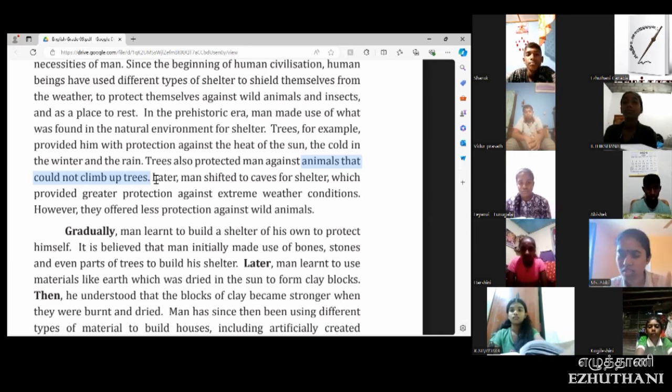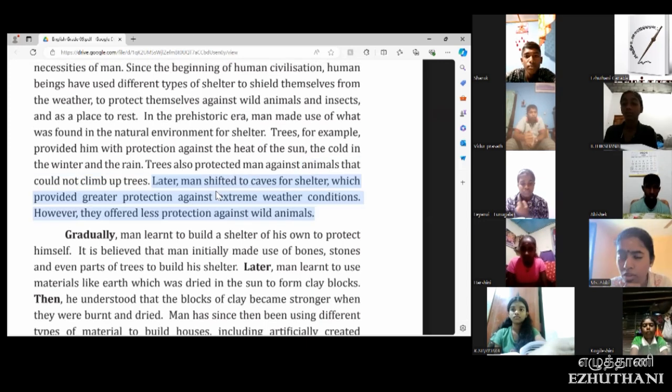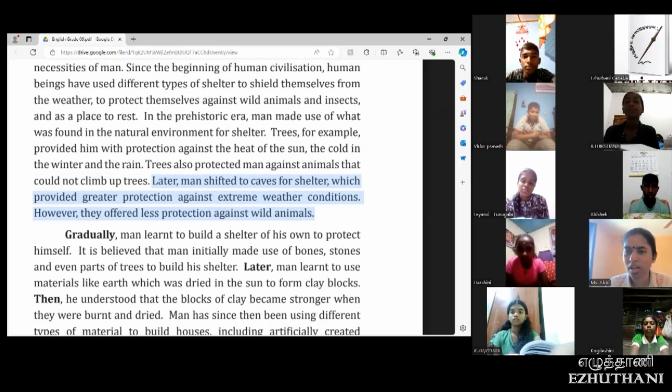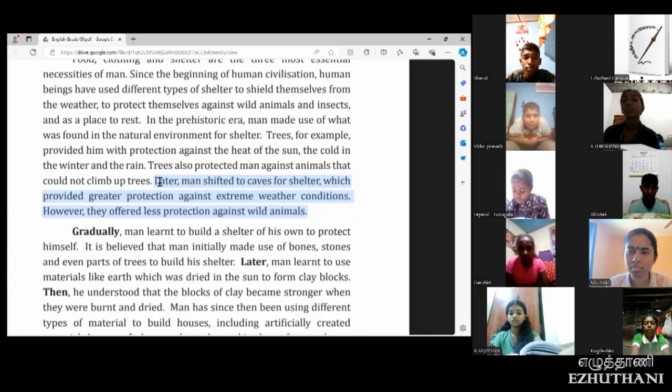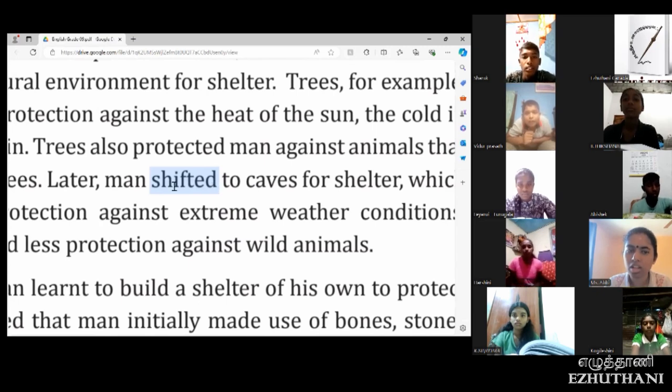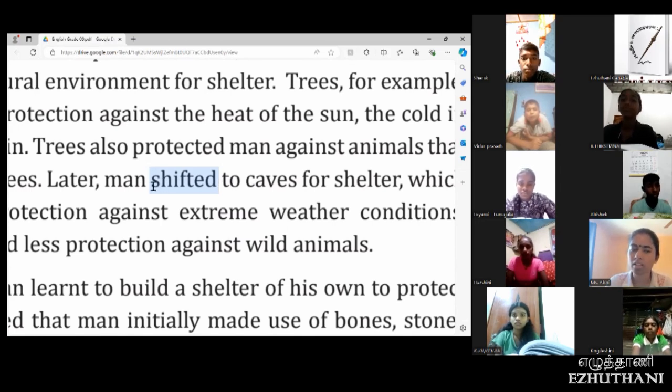Yes teacher. Okay, good. Vidur, I want you to read the last sentence for me that I highlighted. Starts with later. Later, man shifted to, say this word. Shifted.